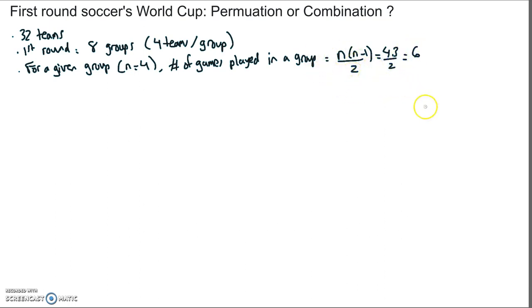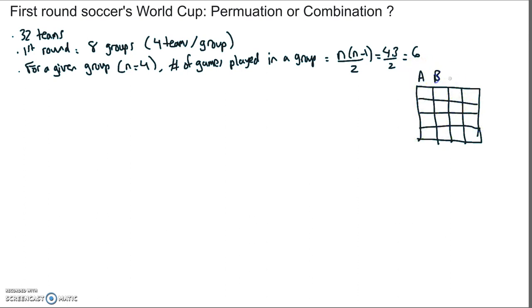And the way we showed that is we drew a scoreboard with 4 columns and 4 rows, and we named our teams A, B, C, and D. Same here on the side, A, B, C, and D. And we said that a team can't play against itself, so we had to remove all the squares along the diagonal.